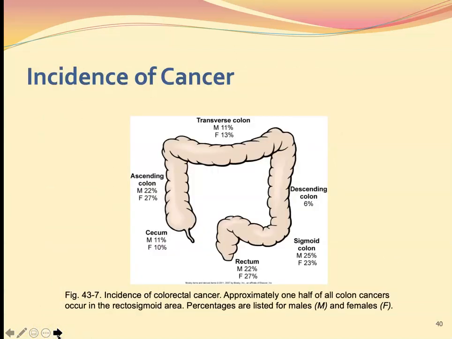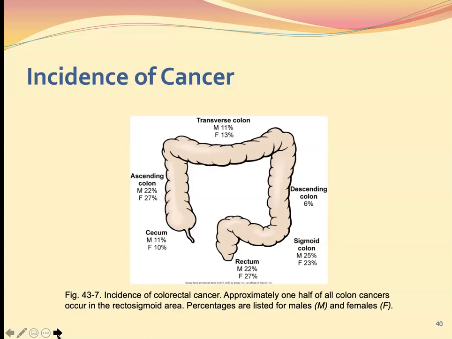So the incidence of cancer in the transverse colon is 11% in men and 13% in females. In the ascending colon, men 22% and females 27%. Descending colon 6%. It doesn't say whether female or men.